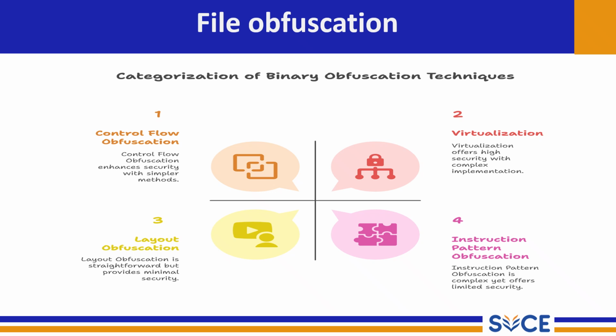And second, virtualization, which offers high security with complex implementation. And third one, layered obfuscation, which is straightforward but provides minimal security. And fourth one, instruction pattern obfuscation, which is complex yet offers limited security.